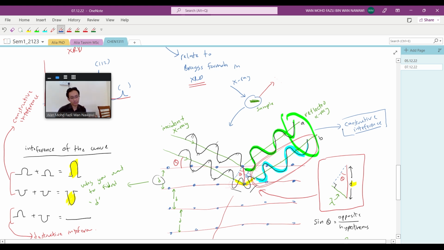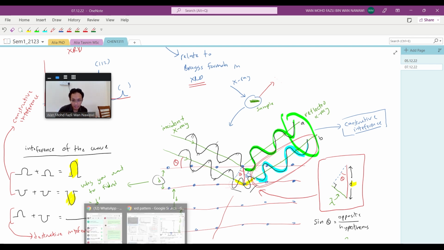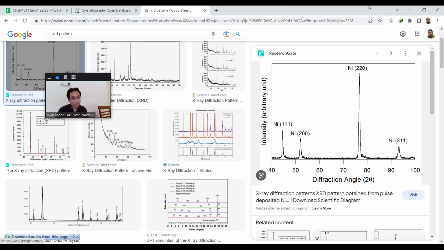Remember, constructive interference is basically a mixture of the waves that constructively interfere. So if you look at this, let me open this. The one you see that is in the peak here, let's say this 111, we learned before 111.